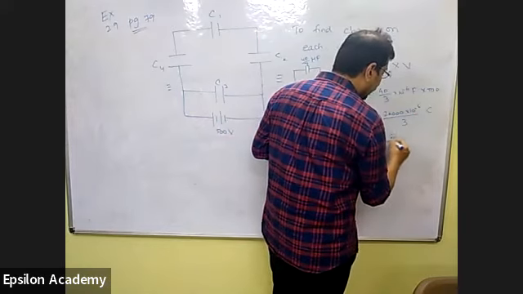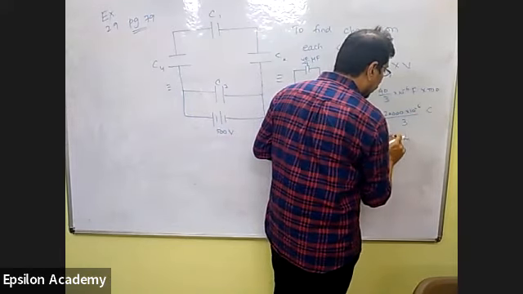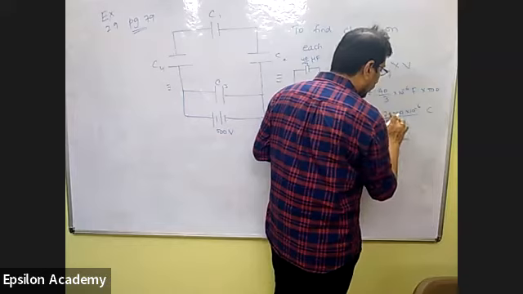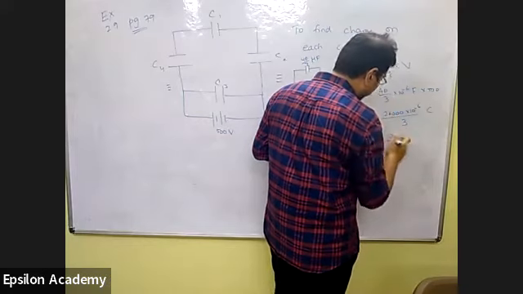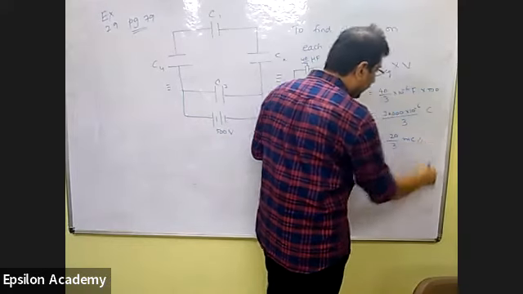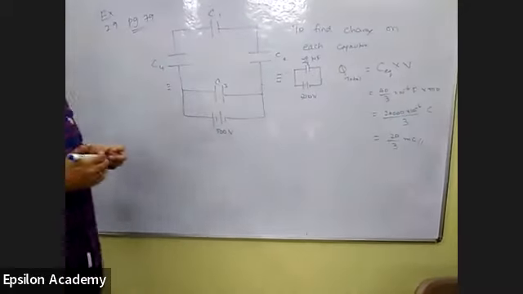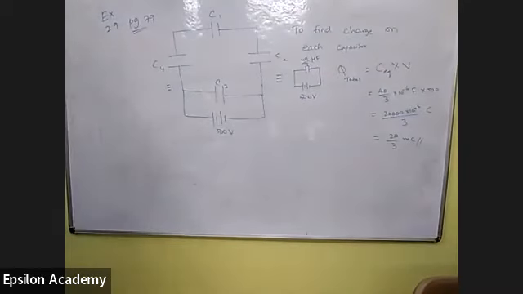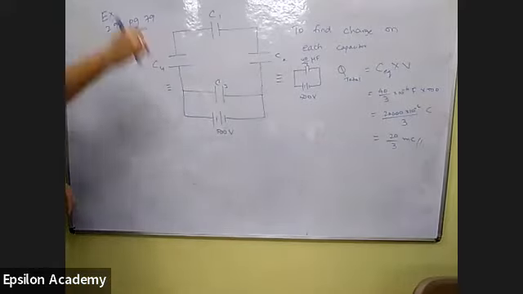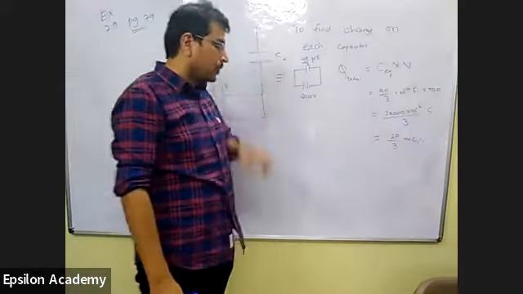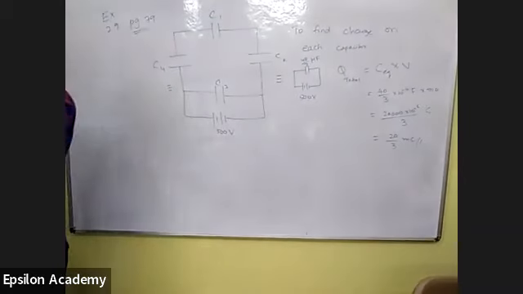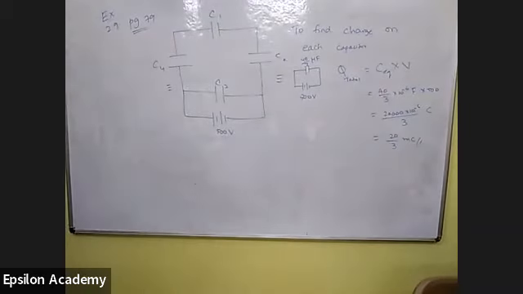So can I write this as 20 by 3 millicoulomb? Correct? So this is the total charge supplied by the battery.